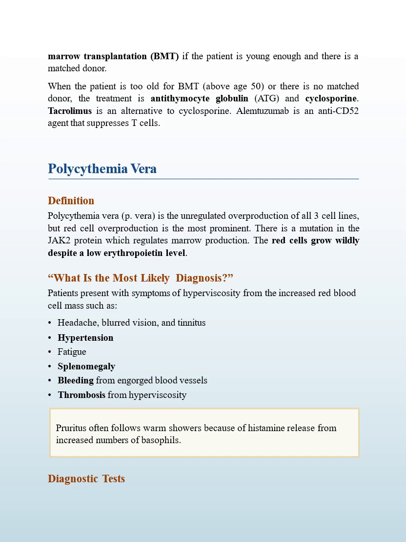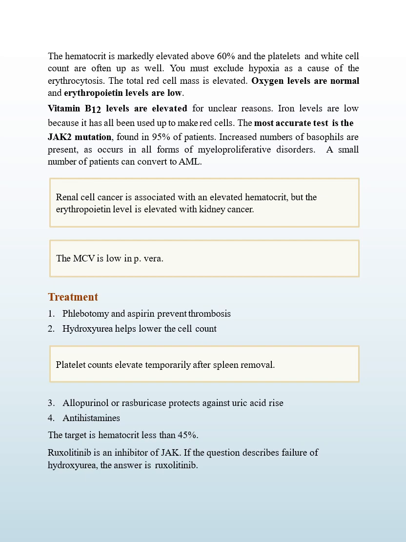Let's go to the next slide, 32. The hematocrit is markedly elevated, over 60%, and the platelet and white cell counts are also elevated. We must exclude hypoxia, which is a cause of erythrocytosis. The total red cell mass is elevated, oxygen levels are normal, and erythropoietin levels are low.